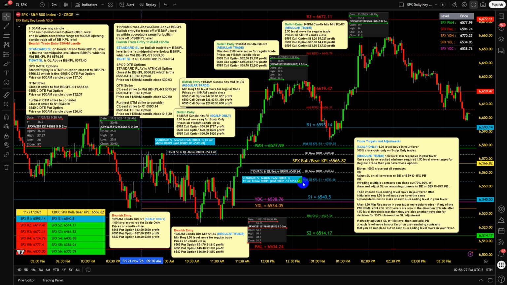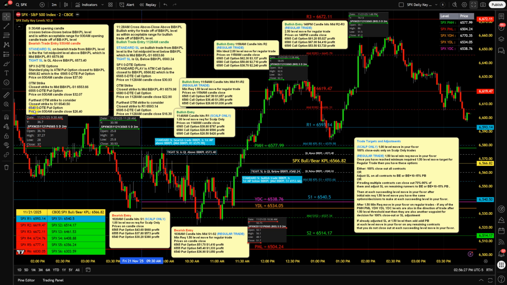So we look down to the first midpoint level below the level we're taking the trade from, and that is 65.53.66. So the closest strike price to that is the 65.55 put option. The furthest out of the money strike you can consider on this trade from the bull bear KPL, a bearish trade, is going to be the strike closest to the first one full level below, which is the S1 65.40.50.